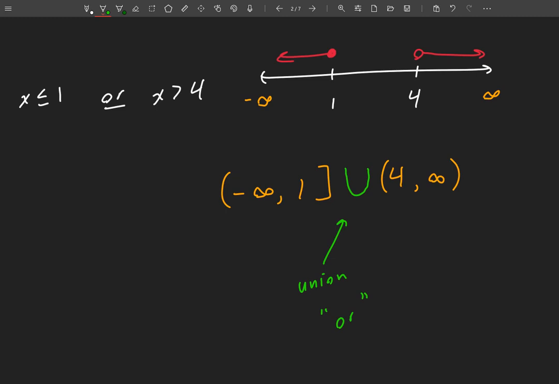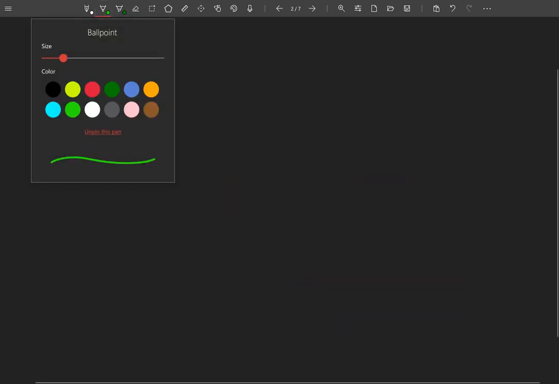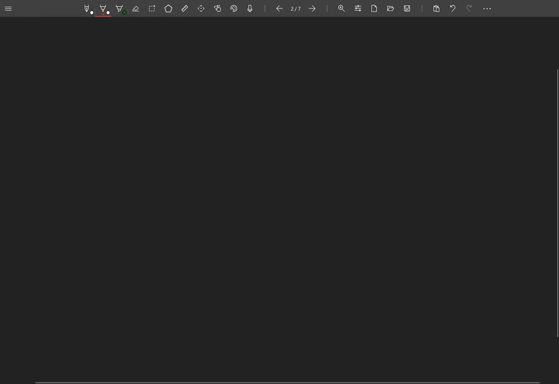All right, let's do another few. See if you can do this one. You try this. I'm going to write down this, and you try to draw the picture and write the interval notation using that new symbol. Okay, here we go.